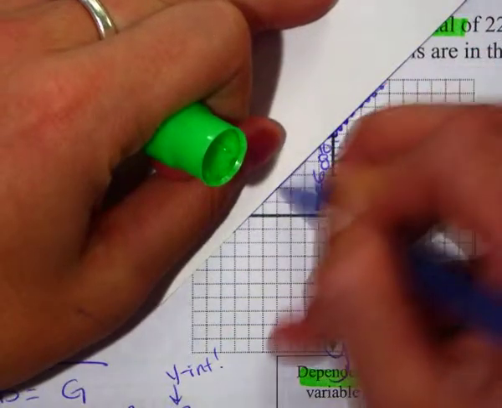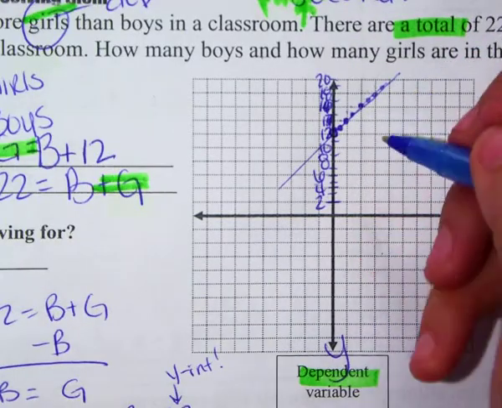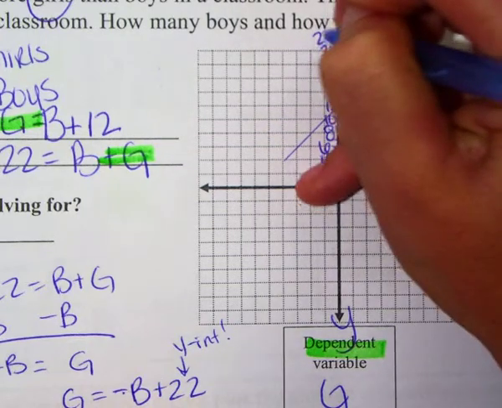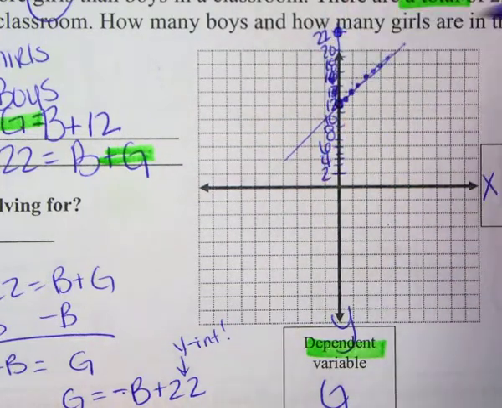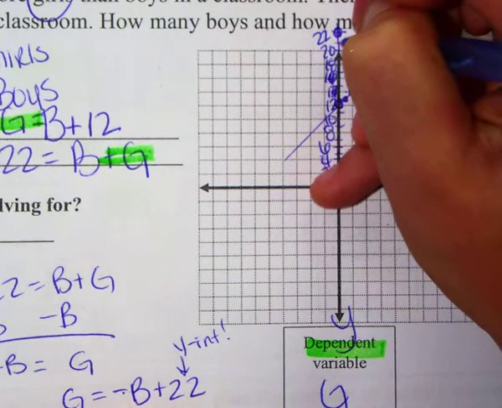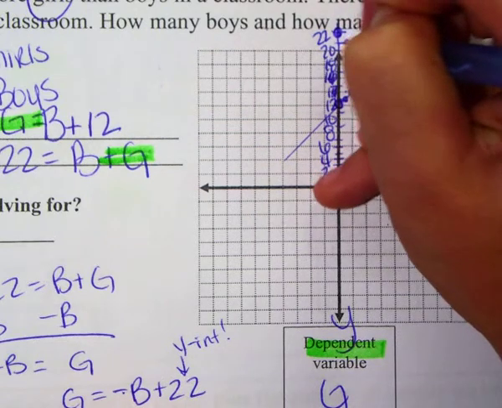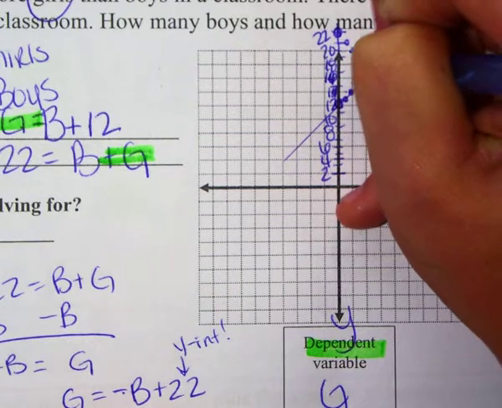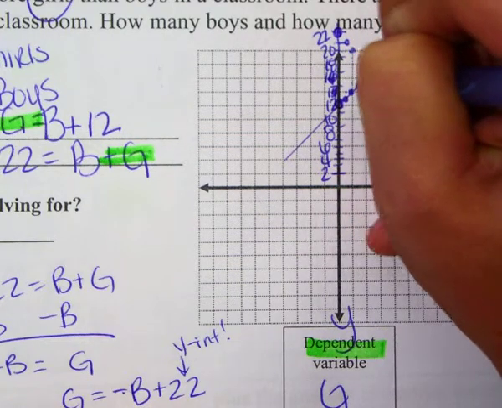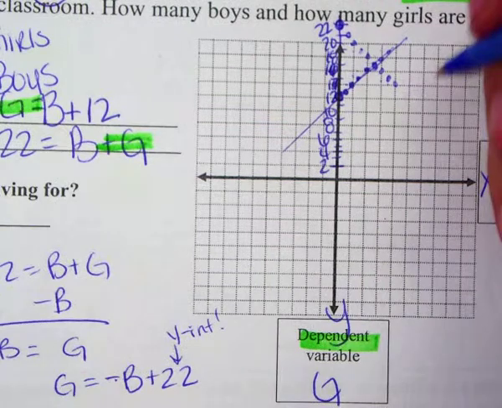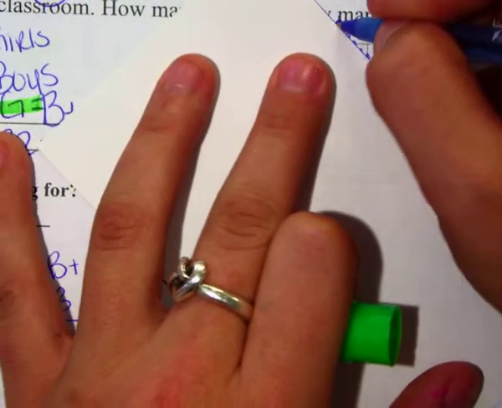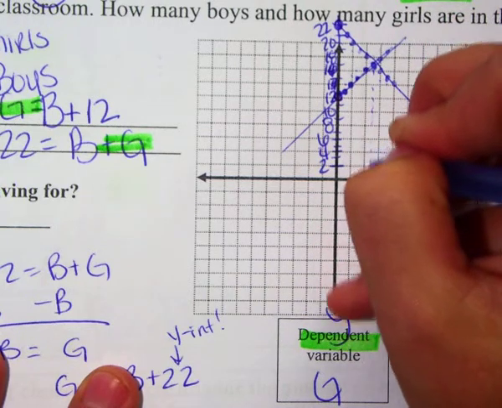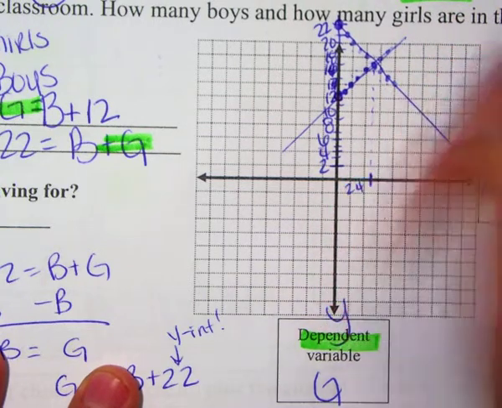The second equation has a y-intercept of 22. So I'm going to actually extend my graph. The slope is negative 1 over 1, down 1, right 1, down 1, right 1. So as you see, the lines still cross, but they cross in the middle of a box. 2, 4, 6.